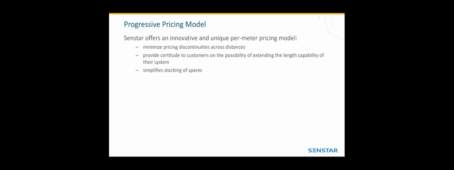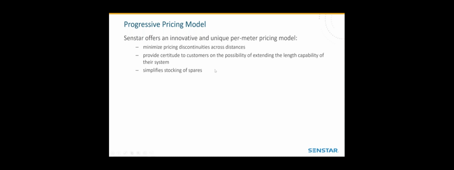The second point is that if you buy a system and it's good for the full 40 kilometers, even if you only use it for 20, 25 up front, you'll know right from the get-go that that option exists for you to extend it later on. And by having this common approach, it'll simplify sparing for scenarios where you've got a fleet of these around a number of electric utilities or correctional facilities.